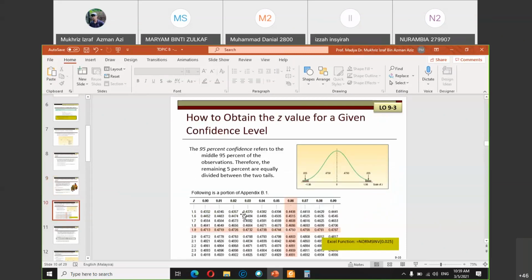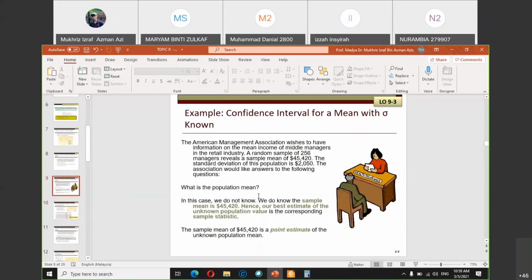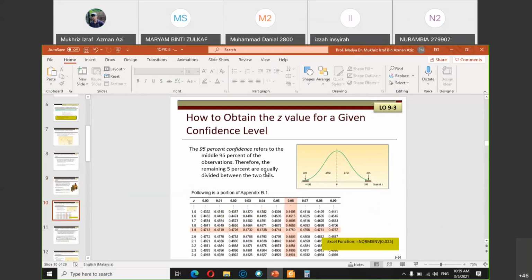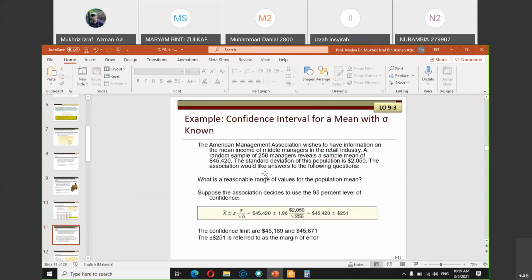And then let's say we want to calculate 95% CI for this particular question. We know how we determined the Z value just now, which is 1.96. So the rest is you just plug in. X bar is the sample mean.